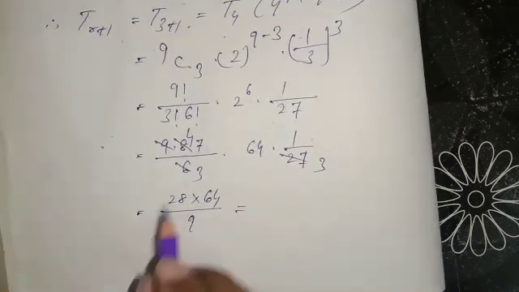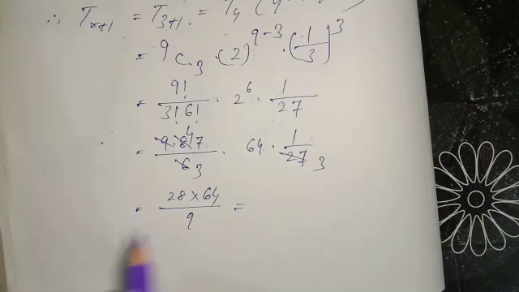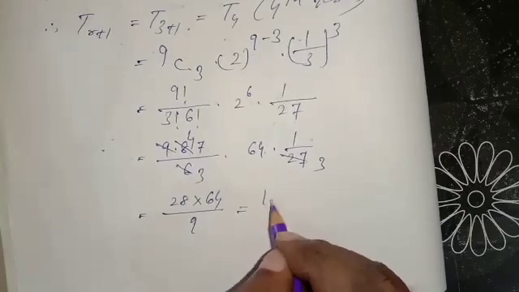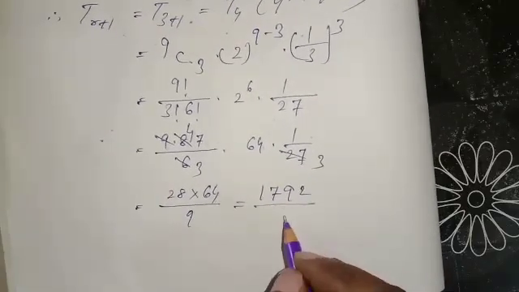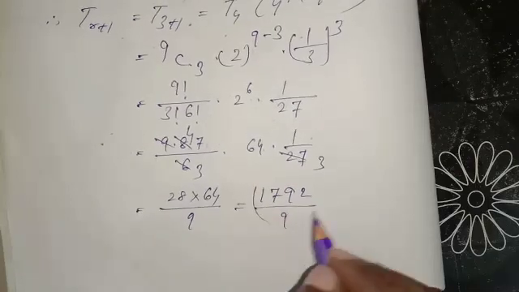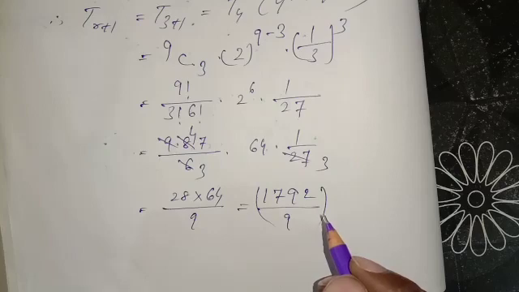Just to multiply, 4 into 7 is 28, into 64. If you multiply 28 into 64, the result you have to write here is 1792 divided by 9. This is the answer that you are getting from this second part.